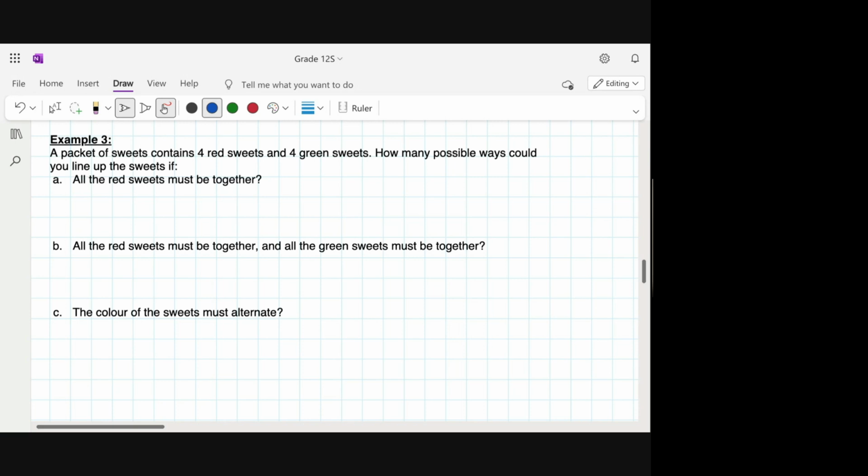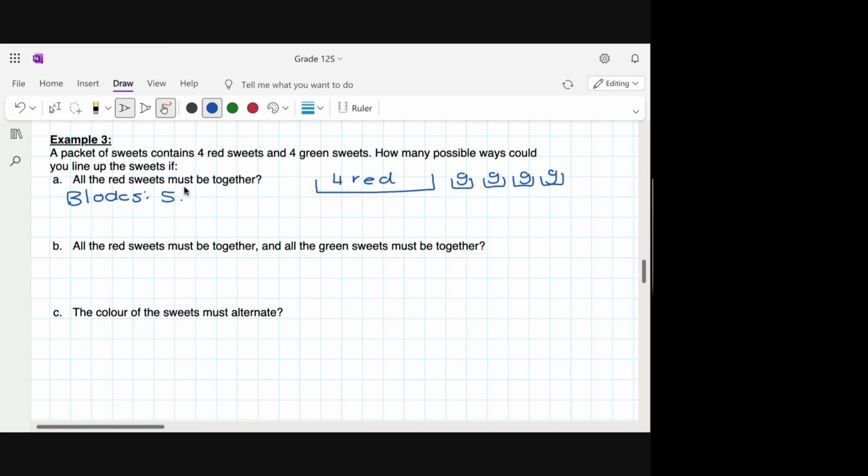So I've got a packet of sweets, 4 red sweets, 4 green sweets. What happens if all the red sweets need to be together? So if all the red sweets need to be together, that means I'm going to put them in a block. So here's my 4 reds, which means my 4 greens are going to each be in their own blocks. So how many blocks do I have?